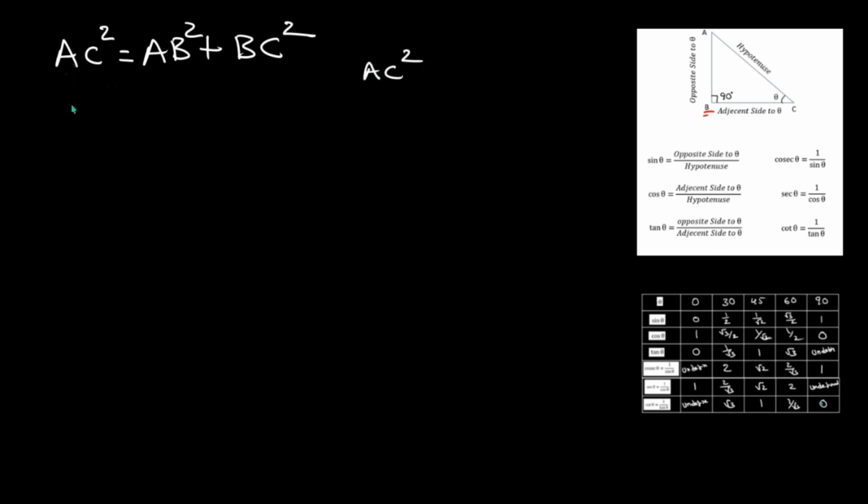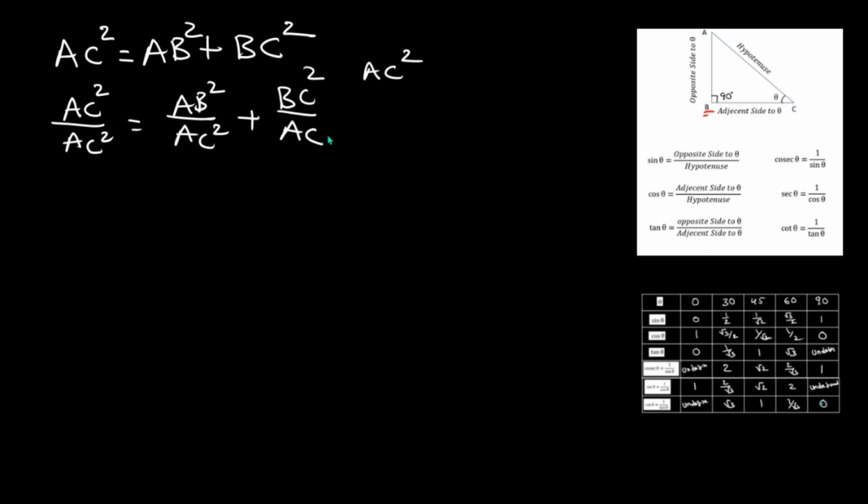Dividing both sides, AC square divided by AC square, then AB square divided by AC square, and here BC square divided by AC square.